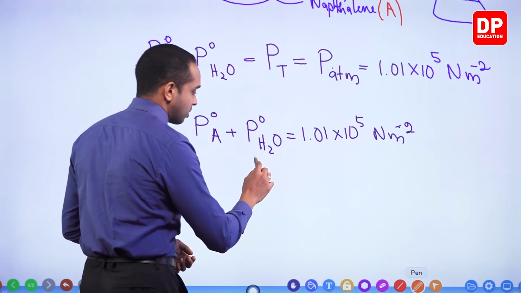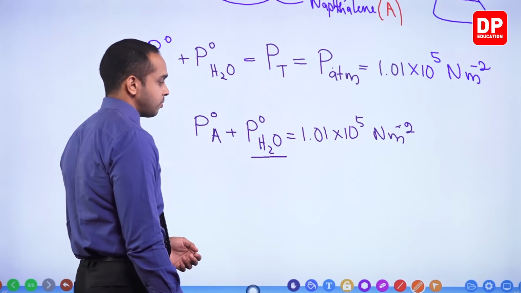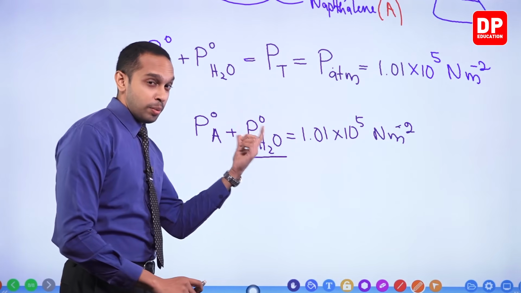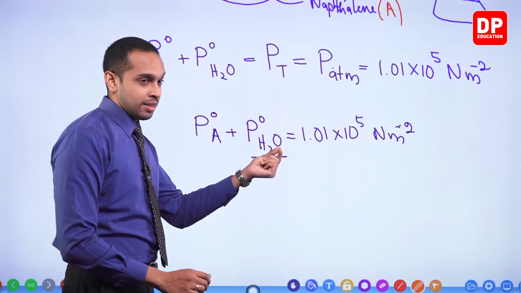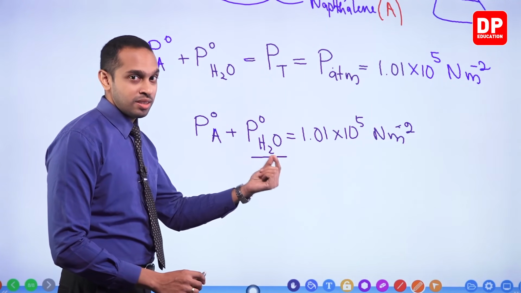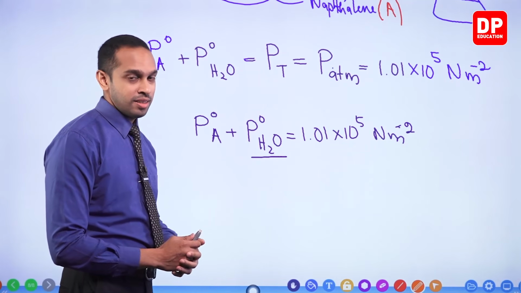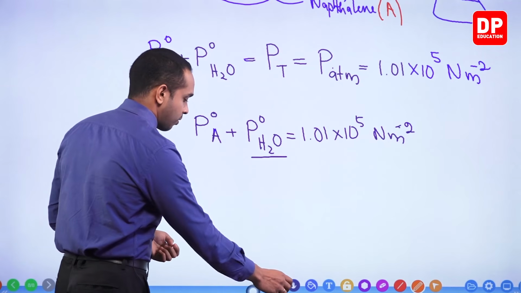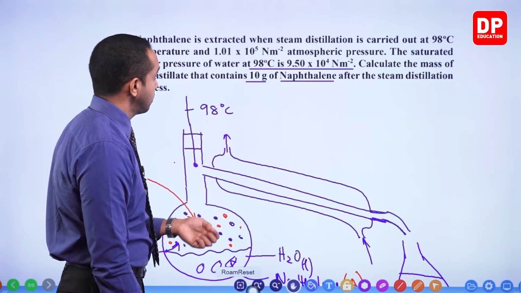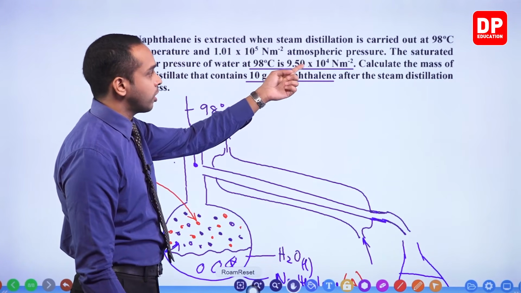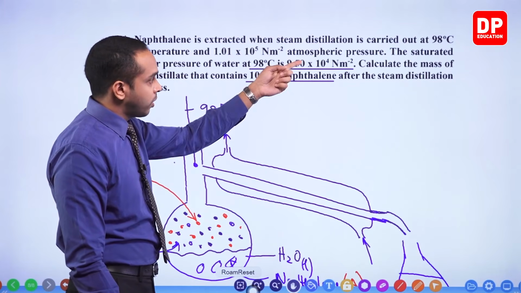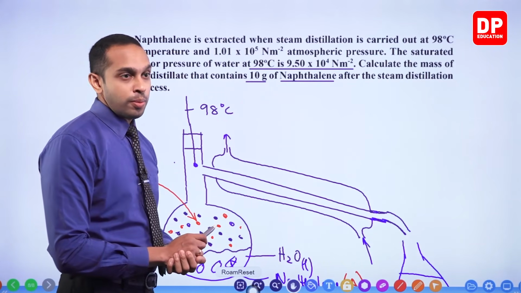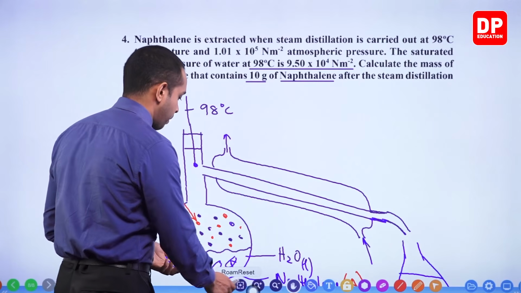Apart from that, students, in this question the saturated vapor pressure of water at this temperature, 98 degrees Celsius, is given. What is the saturated vapor pressure of water at this particular temperature? 9.50 into 10 to the power 4.